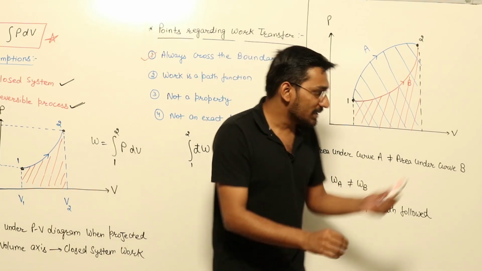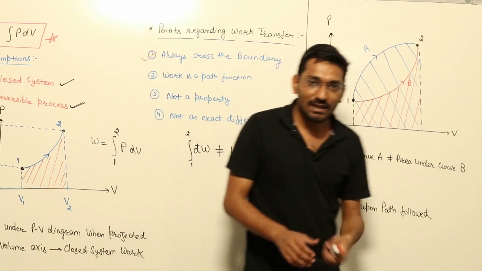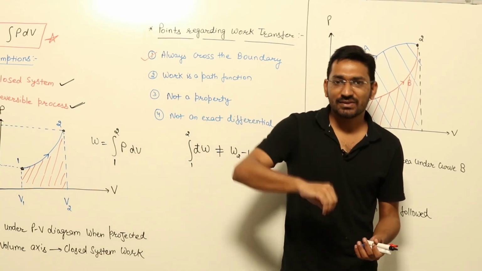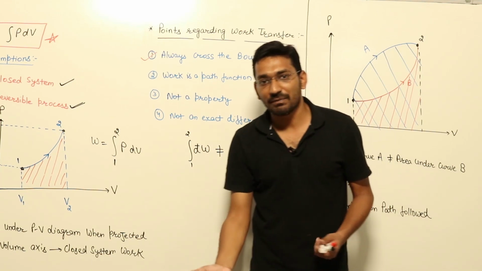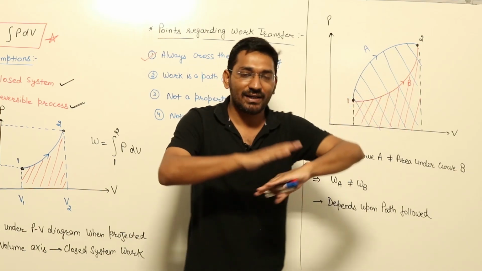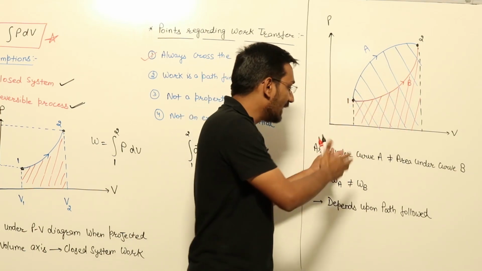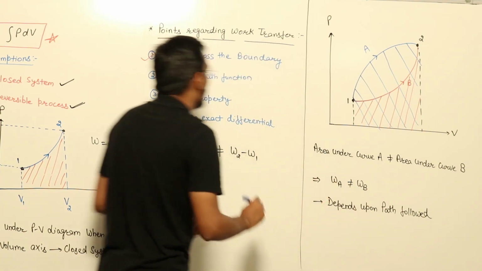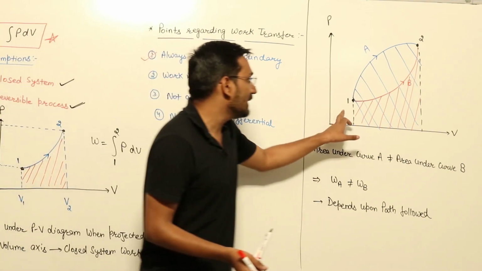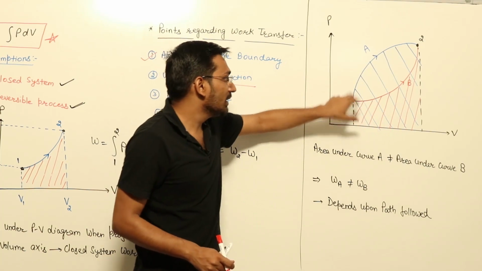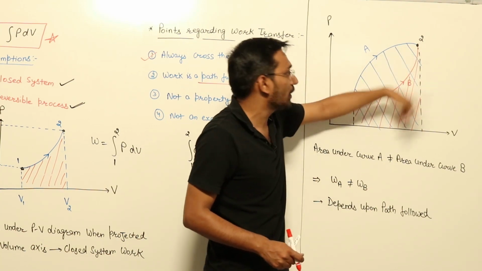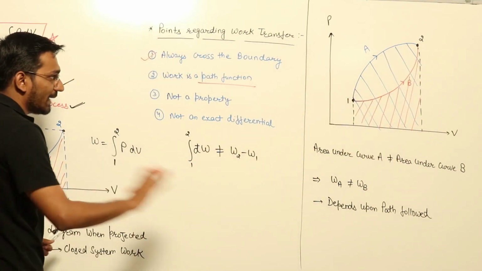In both process A and B, the initial and final states are the same, but the paths are different, so the work transfer will be different. So if the initial and final points are the same but the value of work is different, we can say that work is a path function, not a point function. Work does not depend upon the initial and final points. If work were a point function, then for both cases work should be the same because the initial and final points for both processes are the same. So work is a path function, not a point function.